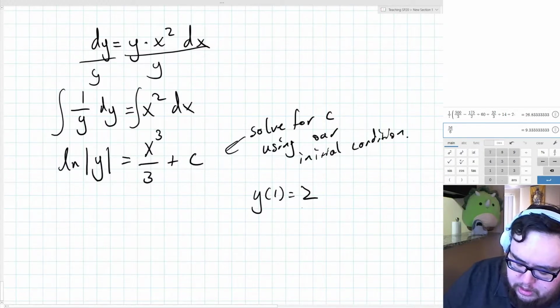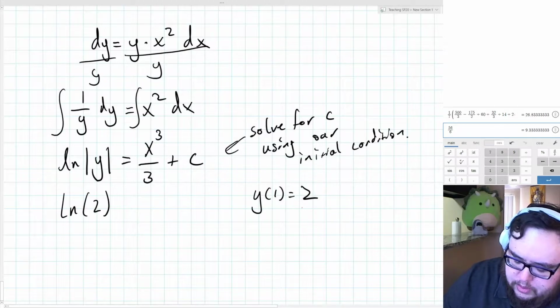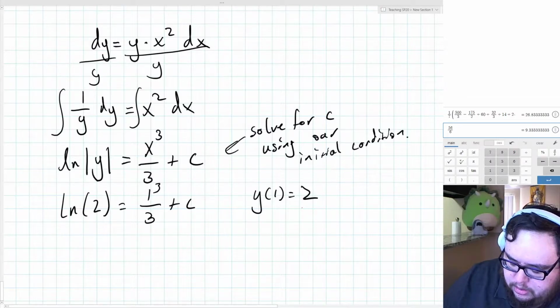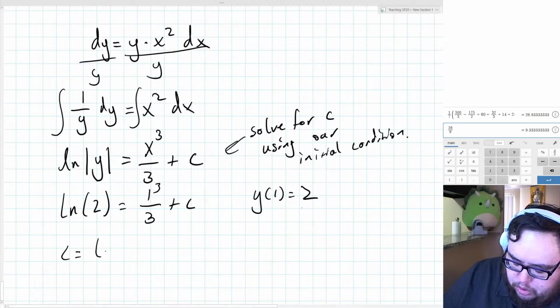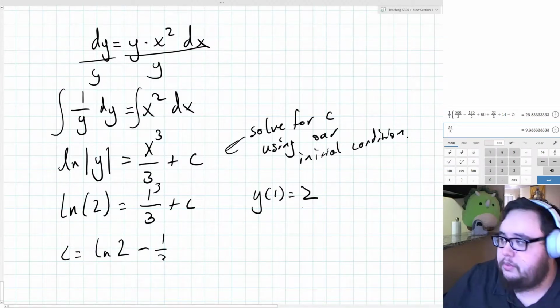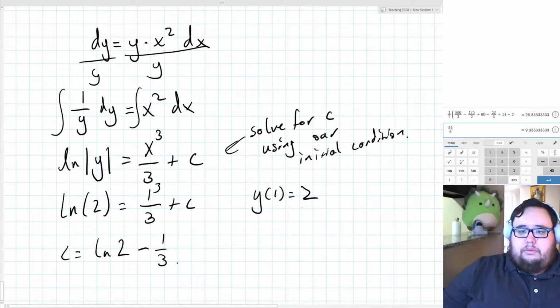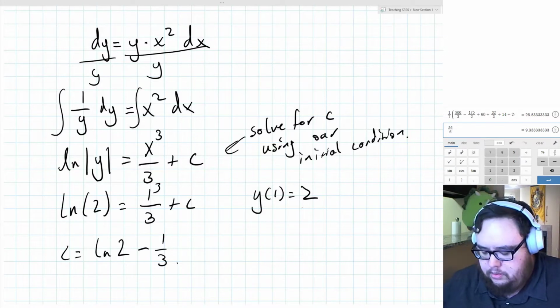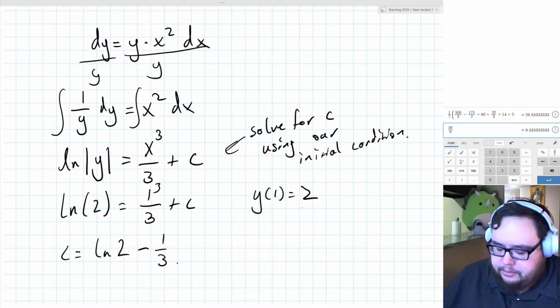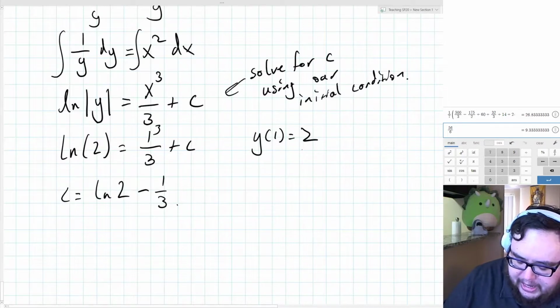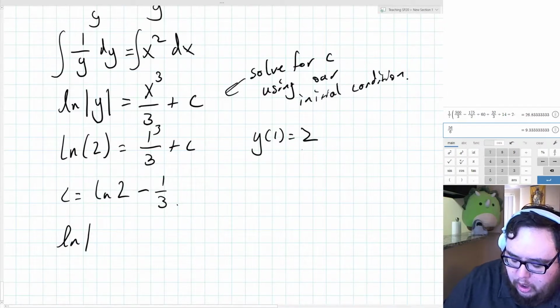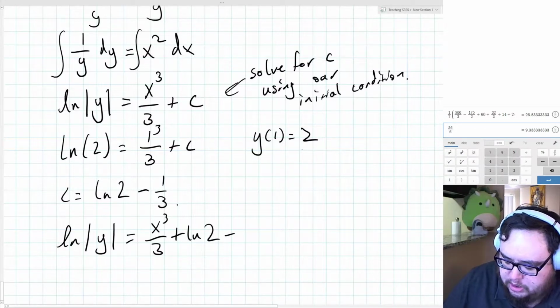So ln of 2 is equal to 1 cubed over 3 plus a constant, which means that C is equal to ln of 2 minus 1/3. So we can plug that back in and get that the natural log of y is equal to x cubed over 3 plus ln of 2 minus 1/3.